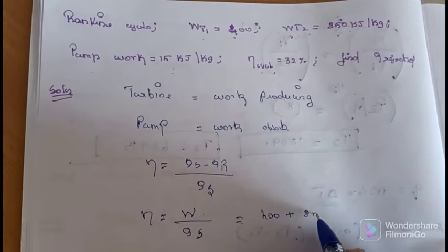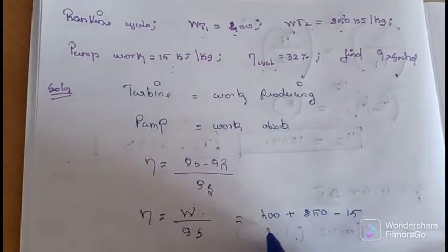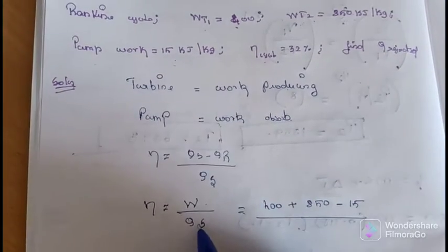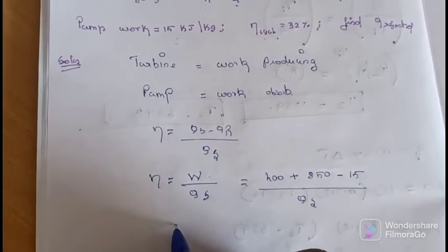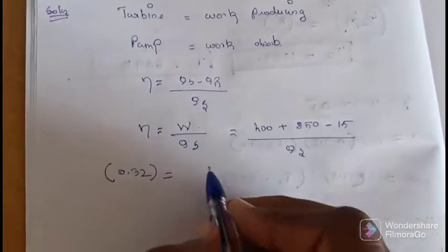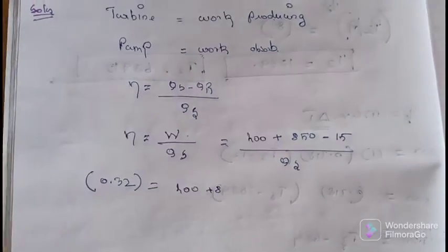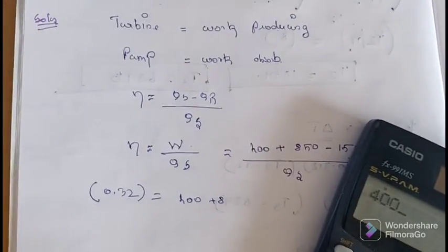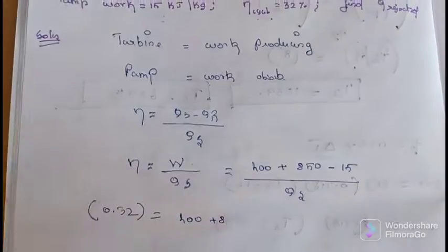The second is also a turbine, so positive. The final one is a pump, so we put minus 15, and the Q supplied is not given, we have to identify it. The efficiency value is given as 0.32, so substituting, 400 plus 850 minus 15, we get 1235.